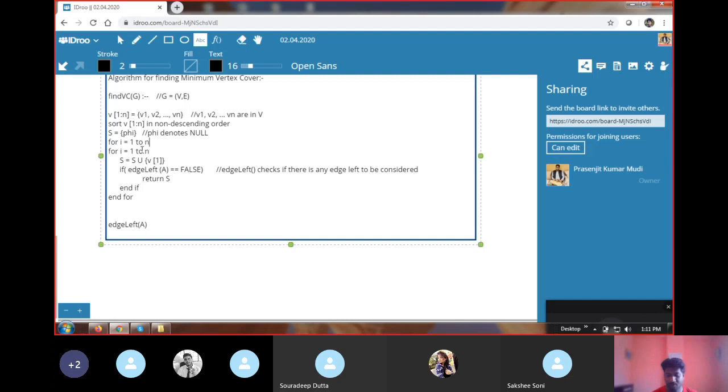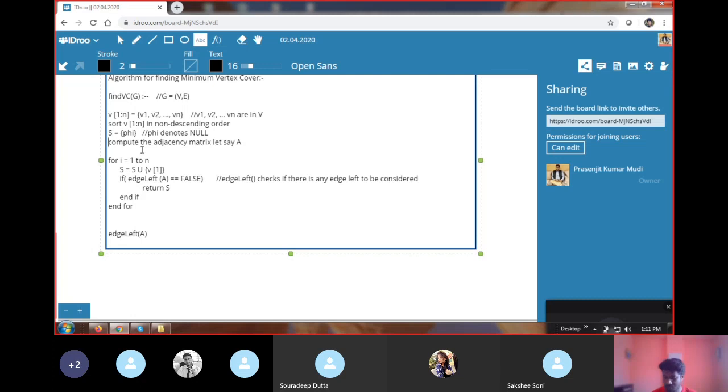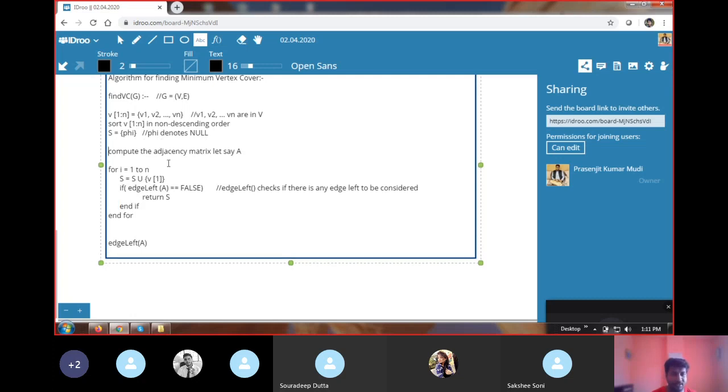I'm not going into computing the adjacency matrix; let's say this is already given.